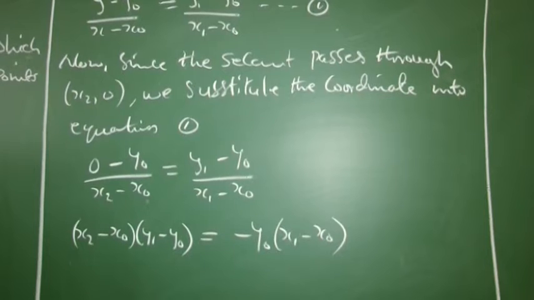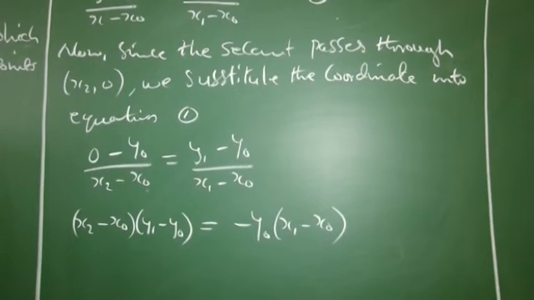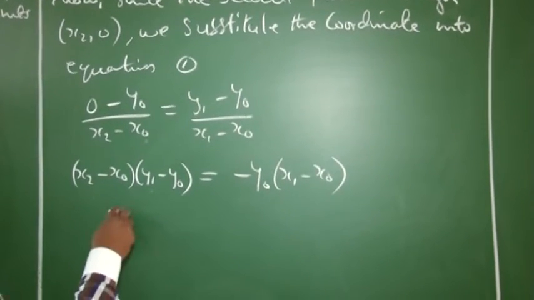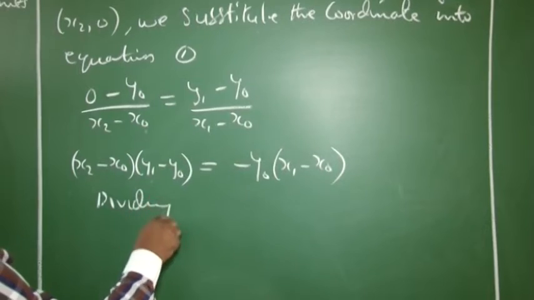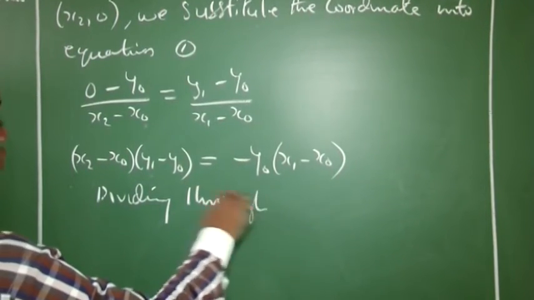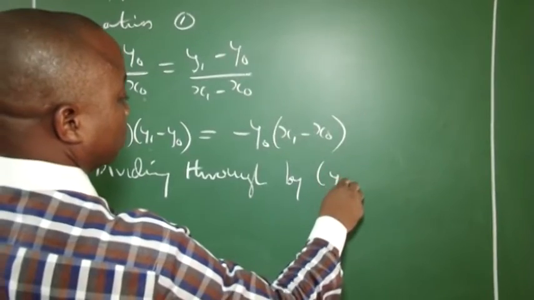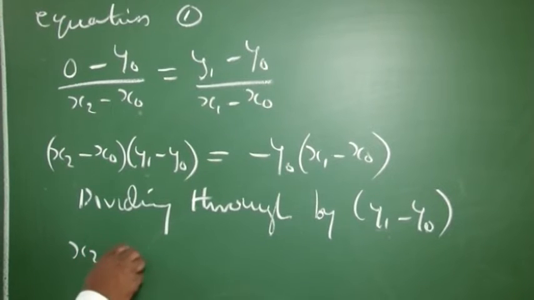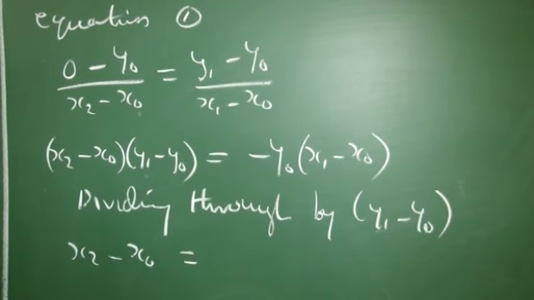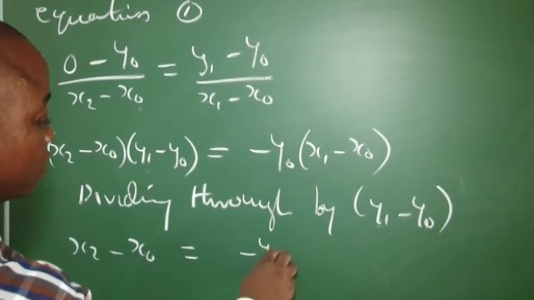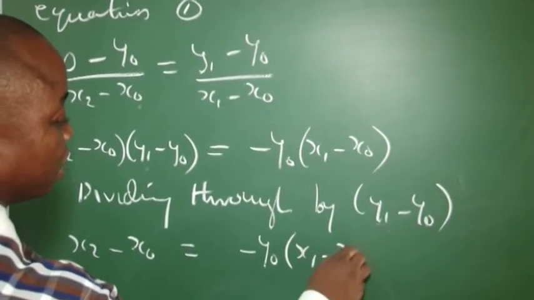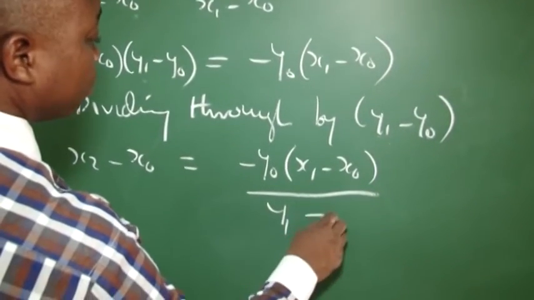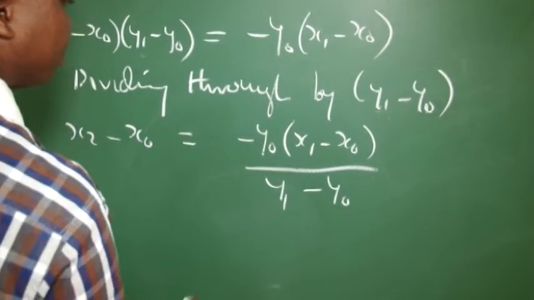Alright, now here we are going to divide through by y1 minus y subscript 0. Dividing through by y1 minus y subscript 0, we'll have x2 minus x subscript 0 equal minus y subscript 0 times x1 minus x subscript 0 over y1 minus y0.